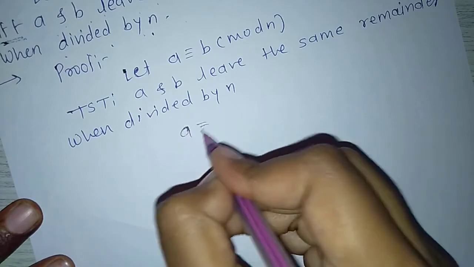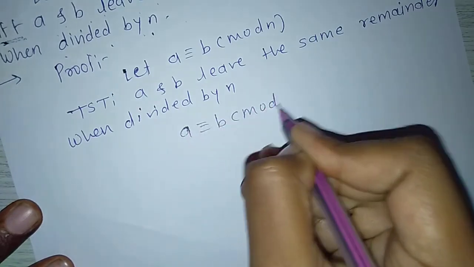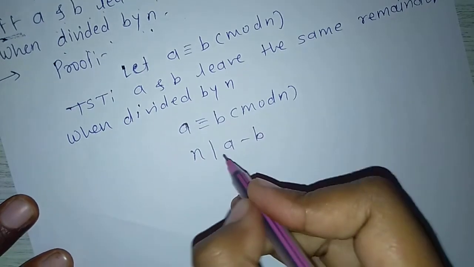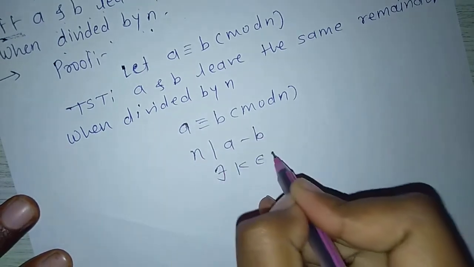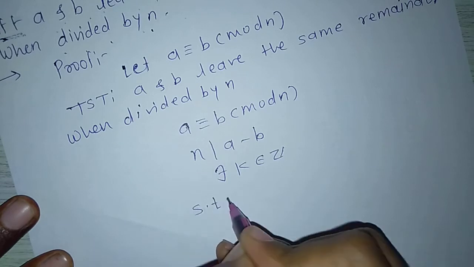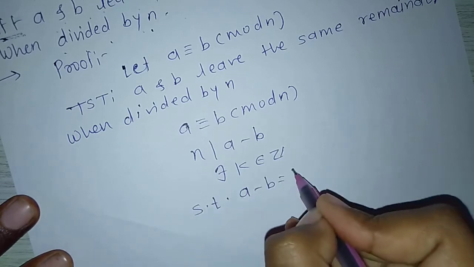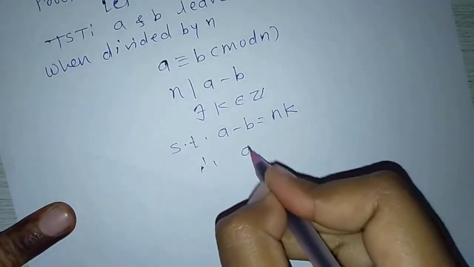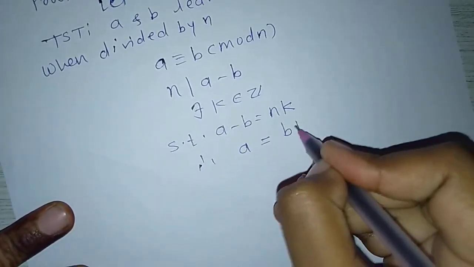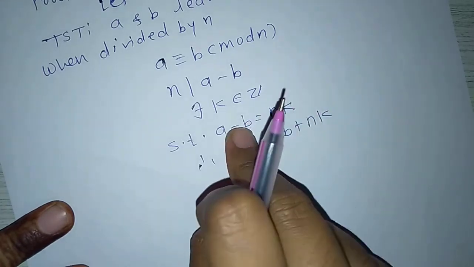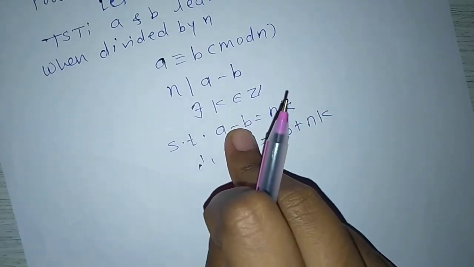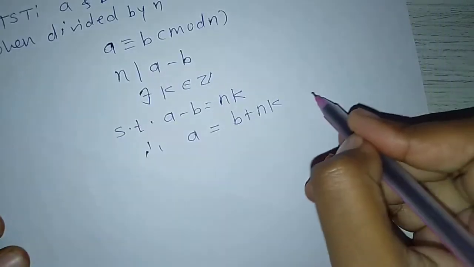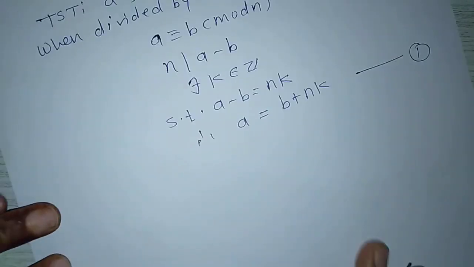We have a is congruent to b modulo n, means n divides a minus b. n divides a minus b means there exists an integer k such that a minus b equal to n into k. Therefore, we get a equal to b plus nk. Give as equation number 1.